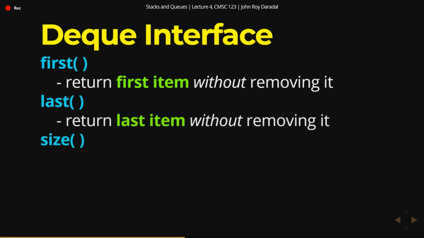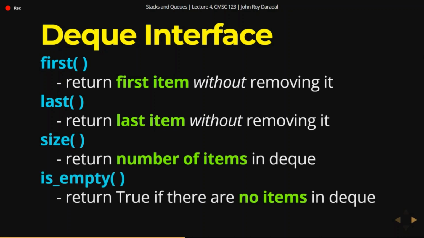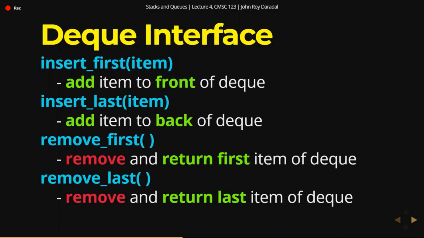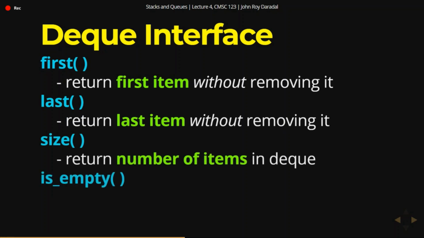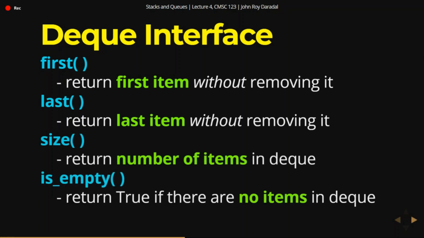And of course, there's still the size and is empty methods, which return the number of items in the Deque for size, and return true if there are no items in the Deque for is empty. So in total, you have 8 methods in the Deque interface. So again, that was insert first, insert last, remove first, remove last, first, last, size, and is empty. Okay? So those are the 8 methods.